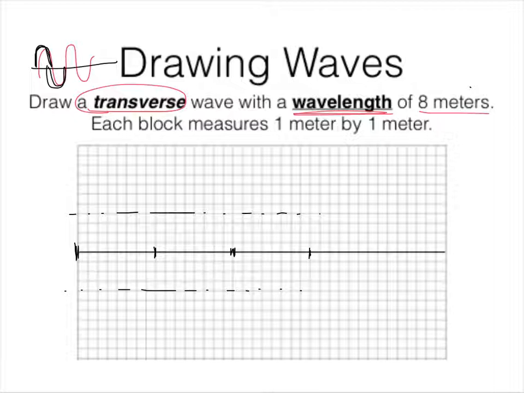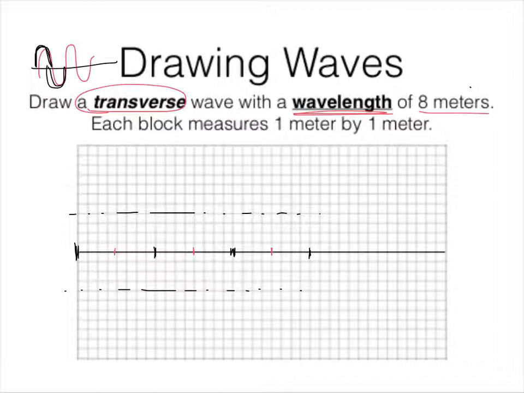Now, the last thing that we need is to know where our wave, as we're drawing it, is going to pass through that point of rest. And in all cases, the point of rest is halfway between the 2 endpoints. And so I'm going to draw myself a little mark here. I'll do it in red to make it obvious. I'm going to pass through the center there, and there, and there.